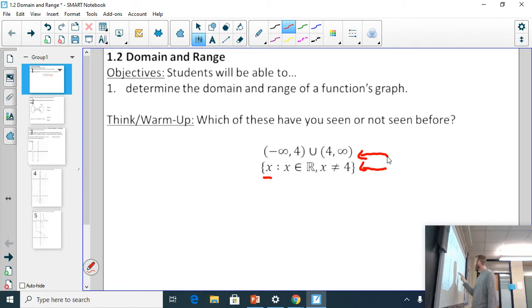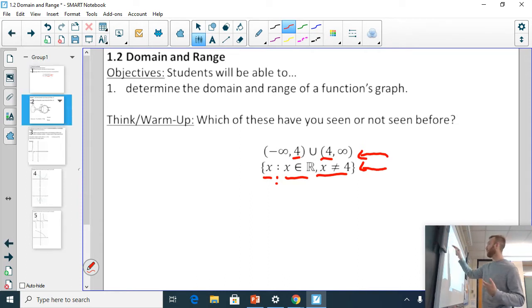So this says x, and then the colon there, x such that x is in the reals, but x cannot equal 4. And it's saying the exact same thing. This x is in the reals is saying x can be any number except 4. That's our exception. And it's saying the exact same thing here, right? Negative infinity to infinity, but we're not including 4. They're saying the exact same thing, and we'll get into a couple more examples of that.